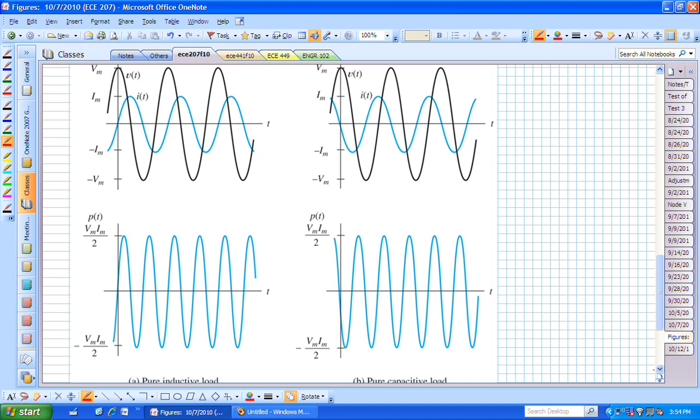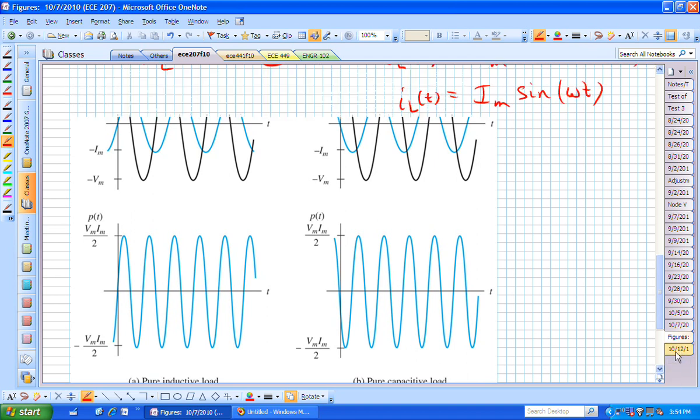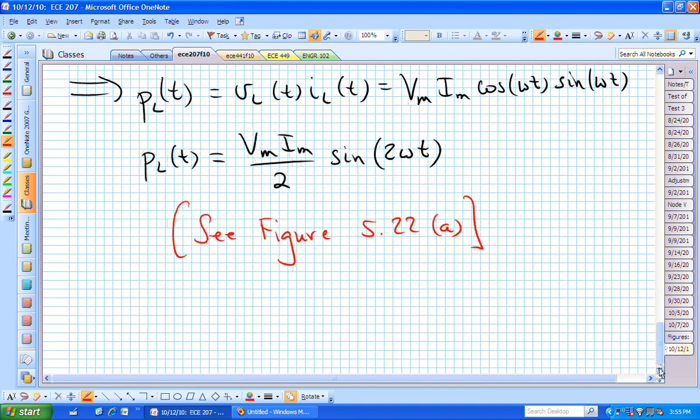So that inductor, a pure inductor that does not have any resistance associated with it, energizes the magnetic field, then it gives that back to the source. It energizes it, then gives that back. And that's what is happening with this inductor. When we apply a sinusoidal voltage which produces a sinusoidal current, the average power in an inductor is 0.